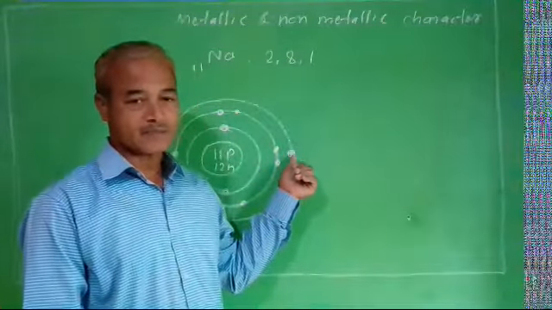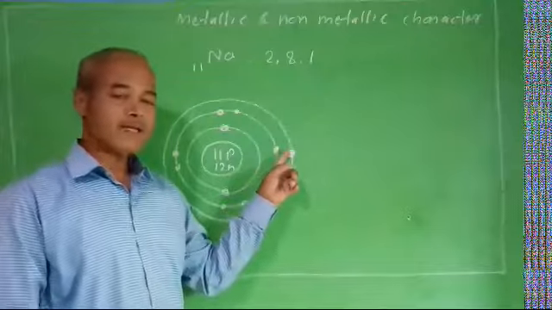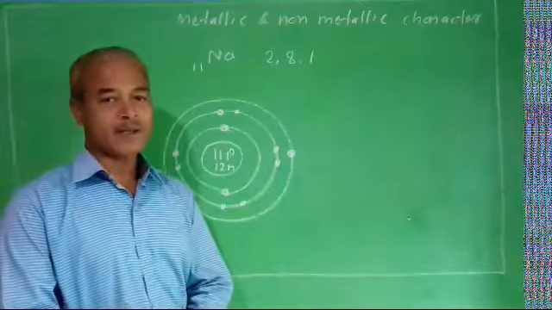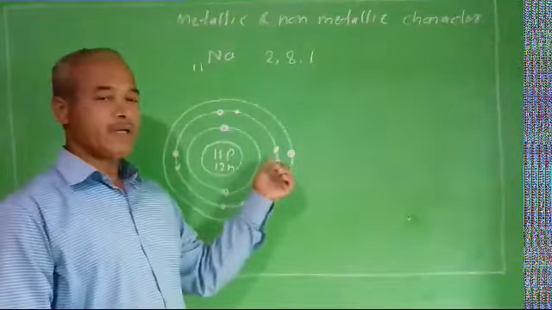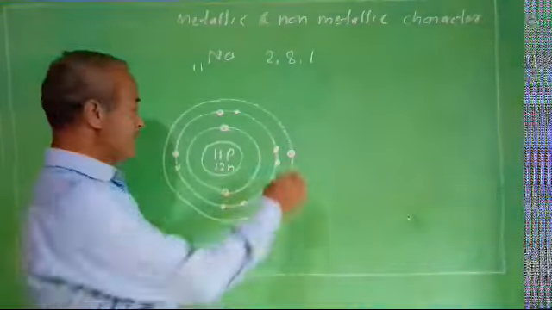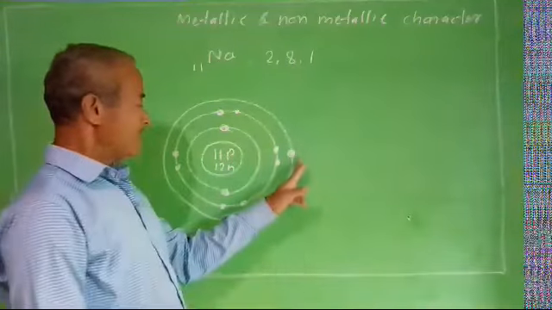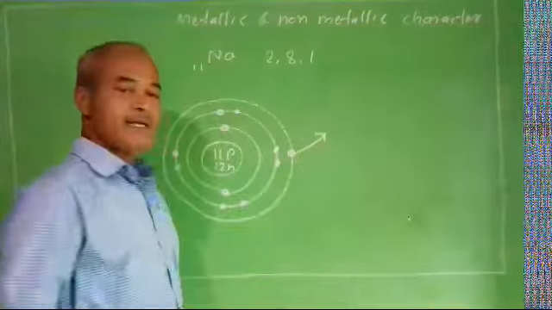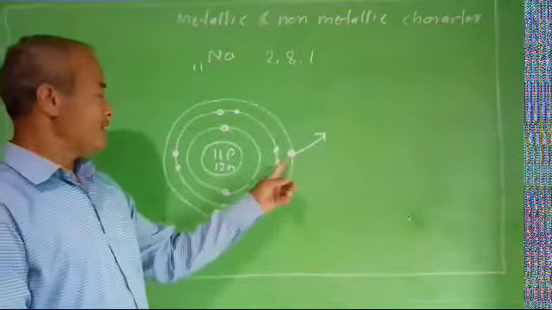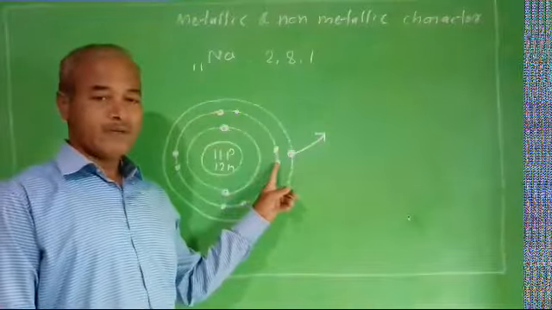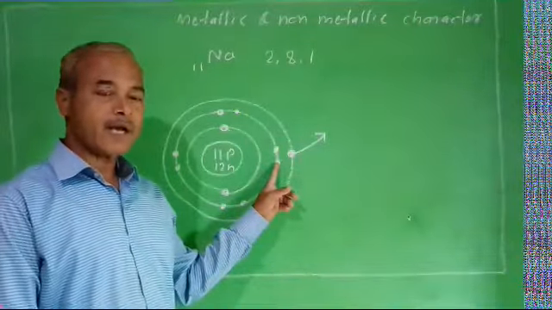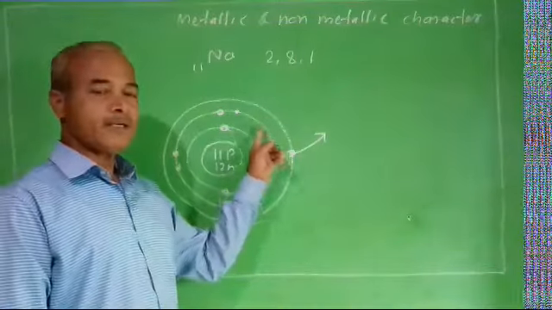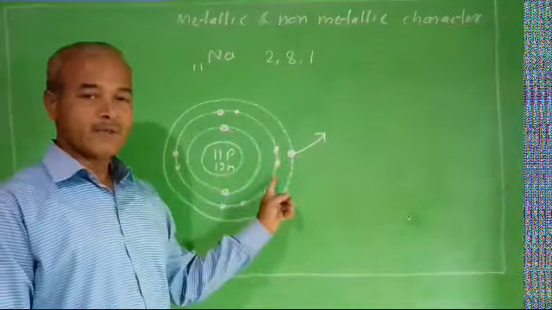These valence electrons are held with less force of attraction, and therefore the metal can lose them easily, so that the penultimate orbit, the last second orbit, becomes the outermost orbit, and that orbit is complete.